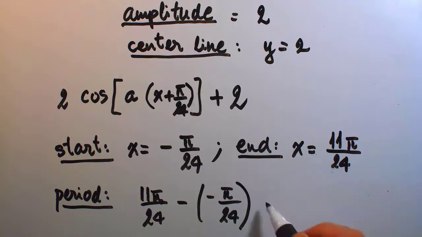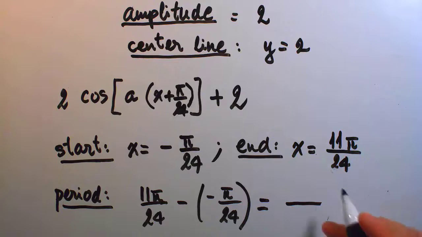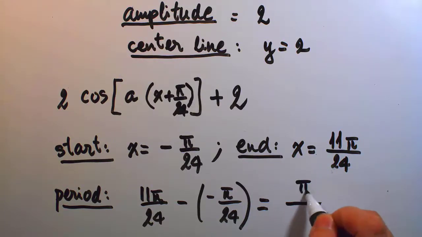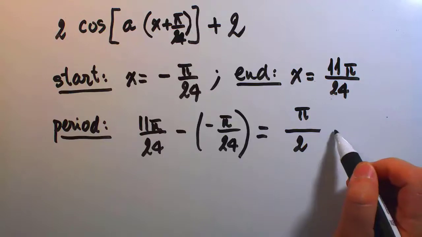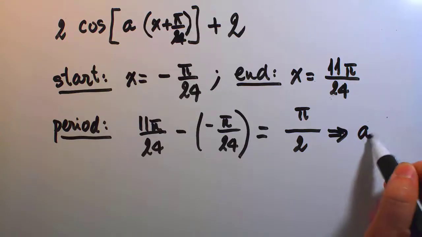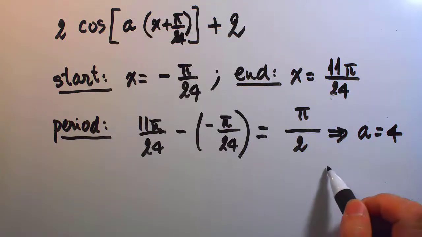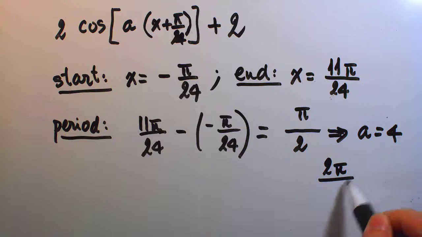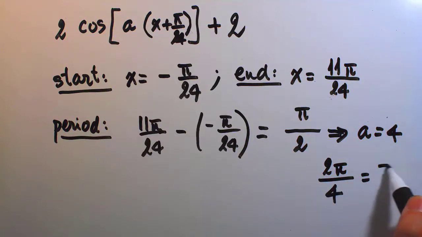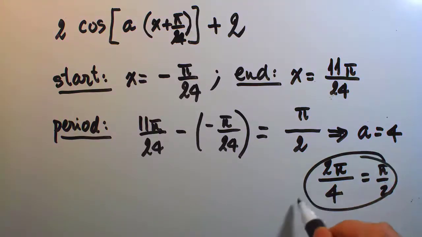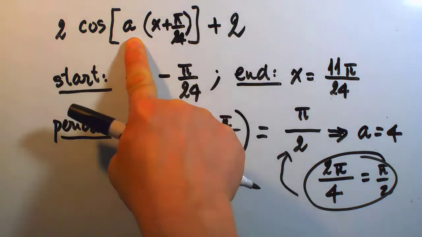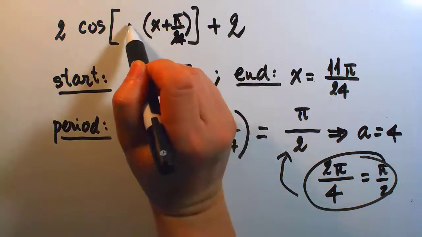That, after calculation, comes out being altogether pi over 2. Which shows that my A has to be 4 due to the fact that standard period 2 pi over 4 will equal pi over 2, and pi over 2 is our current period for this function. And that means, back to this coefficient A now, it can be changed to 4 there.